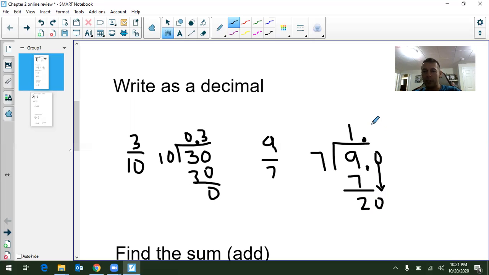7 goes into 20 2 times, almost 3. So 7 times 2 is 14. We'll have our 20 minus 14 is 6. We'll bring another 0 down. And 7 times 8 is 56.